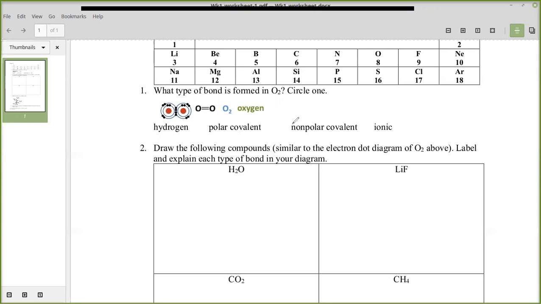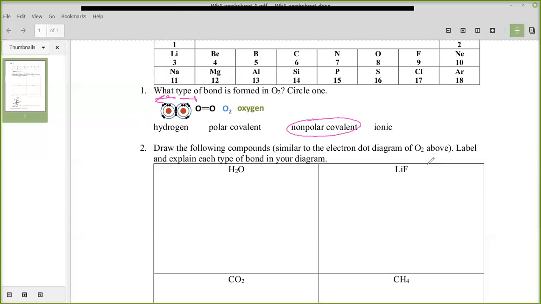Because the electrons are equally shared, right? The electrons are equally shared because these two atoms are the same. It's just oxygen. So you've got a force this way and a force this way, right? So I guess that would be it. Any questions? No? Okay.